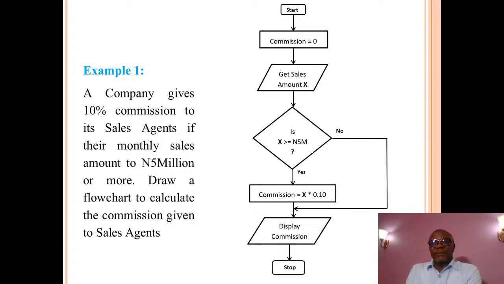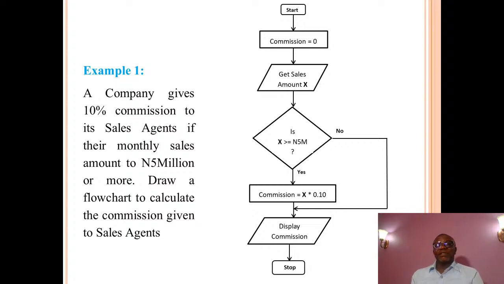Then you go down, you get the sales amount. You can see you are using the parallelogram symbol because it's an input. You are getting it from an input device. So get sales amount X.